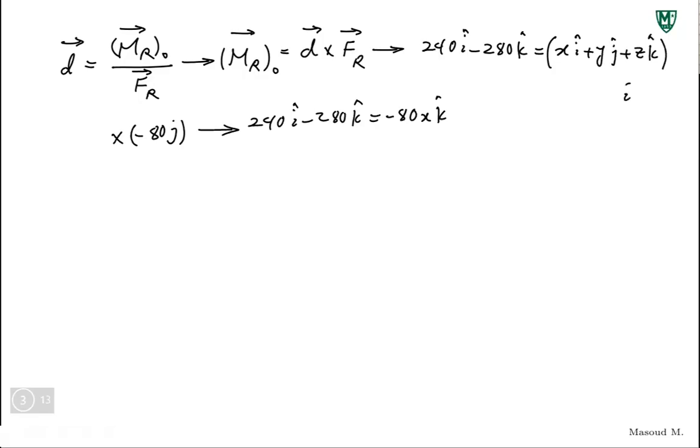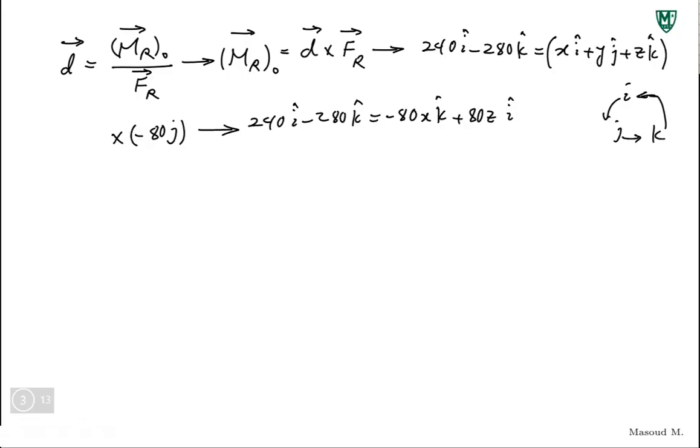Keep in mind we have i, j, k. When we multiply k with j, we're going in the opposite direction. It becomes i, but negative. So that negative and the minus behind 80 cancel out. We'll get plus 80z i.